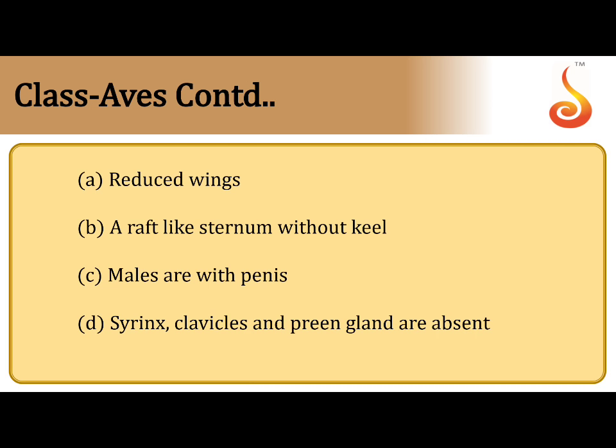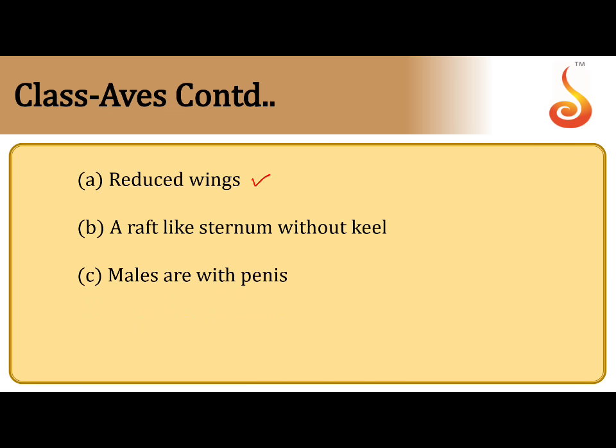Now, let's see one by one. I think reduced wings is very easy for us to understand. It's very clear that the wing size is reduced, hence they can't carry the body weight and fly. Now, speaking of the sternum, if we look at a pigeon, parrot or any flying bird, the below part of the body, the sternum region, has an upthrust movement for flight.